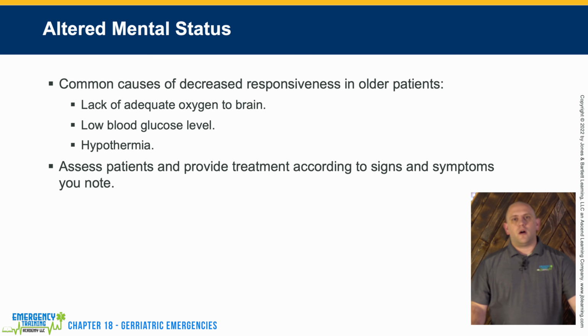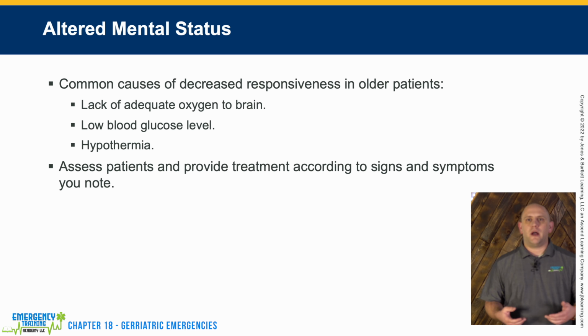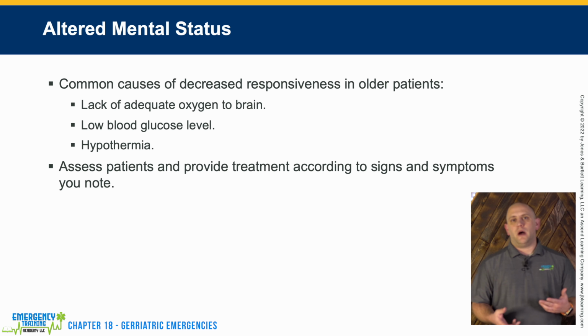Altered mental status also becomes very common in our elderly populations. Normally, this is caused by a lack of oxygen to the brain. It could be caused by low blood sugar or hypothermia.